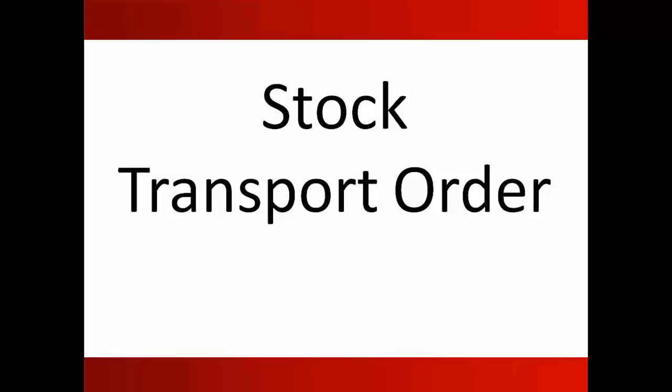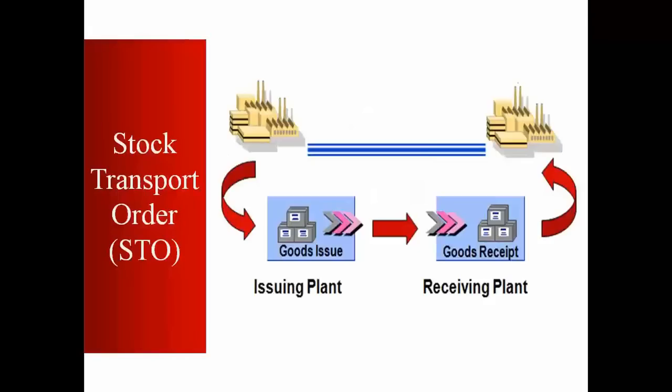In that case, an STO will be created by the Melbourne plant, and goods will be sent by the Sydney plant, for example. The issuing plant will send the goods, and the Melbourne plant will receive the goods. So the stock transfer between the two plants is created by STOs. STO is just like a purchase order, but it's called STO. We'll do some more practical work on STO later on.